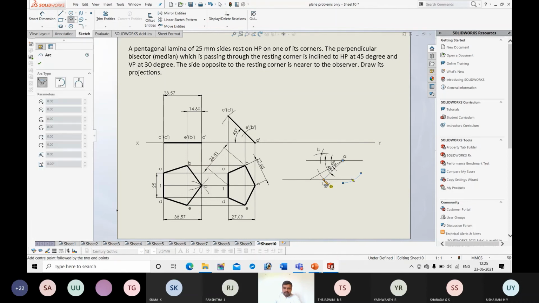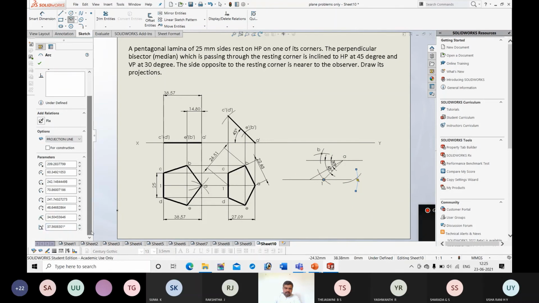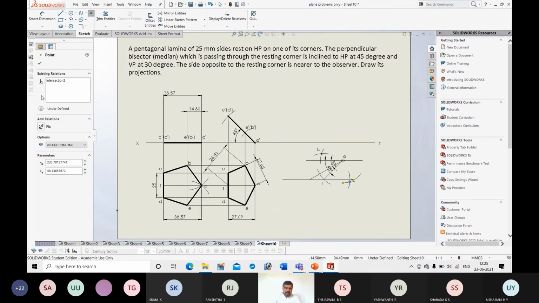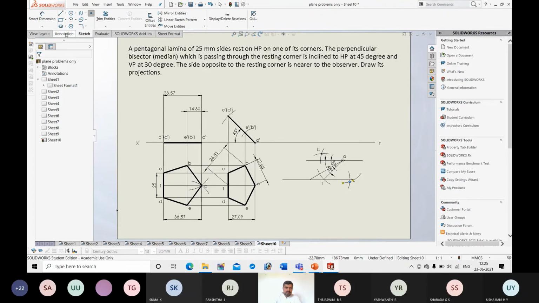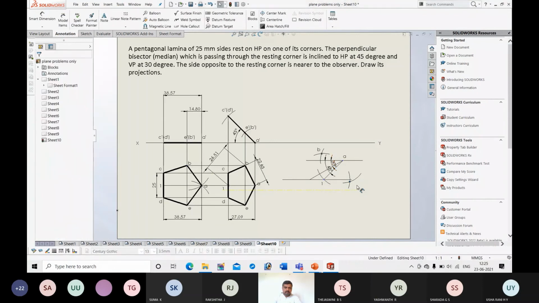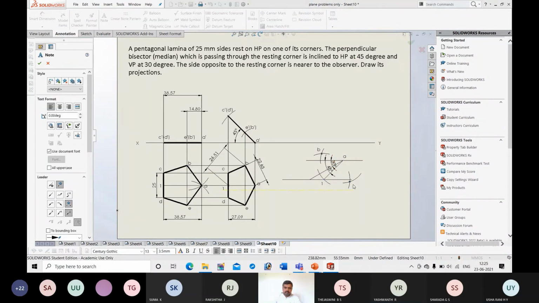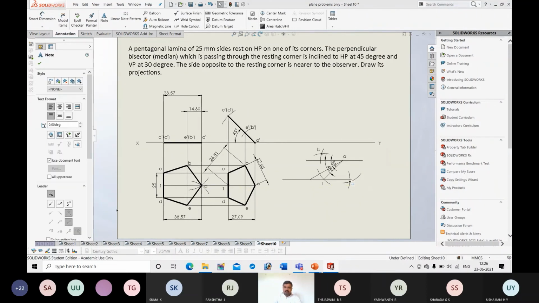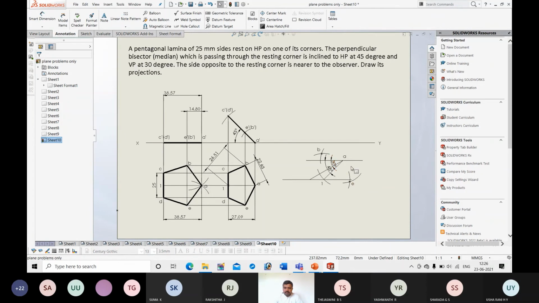So from 1 as center, I will draw one more arc with radius 26.51. So this is point E. Now I will name this point. Okay, I got 4 points.